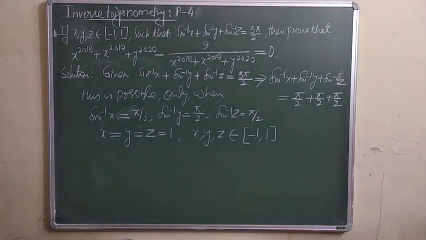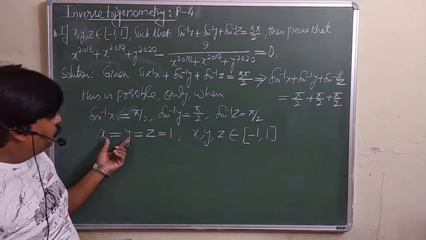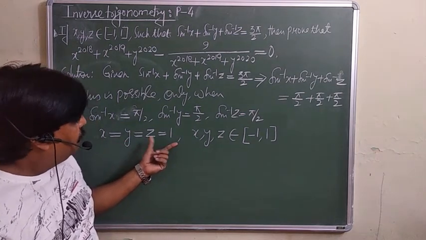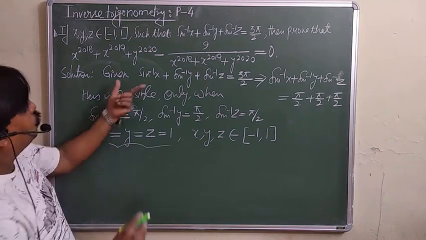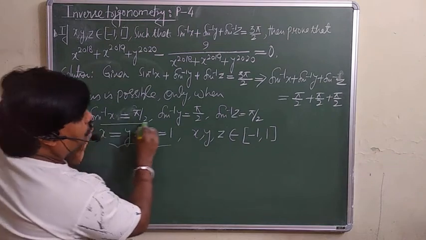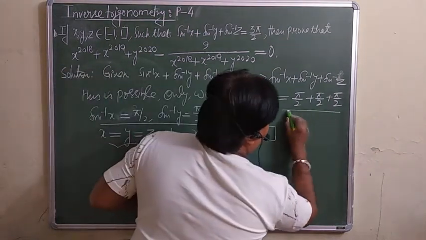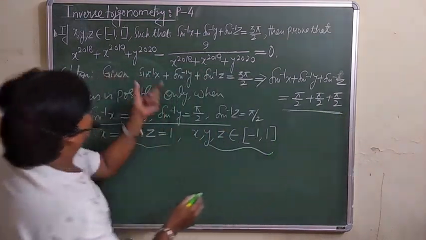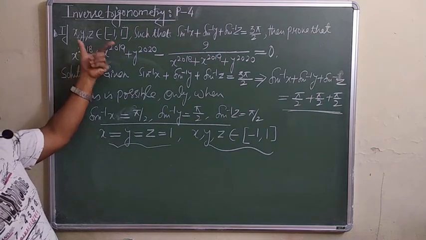Have a look. Yes, so x is equal to y is equal to z is equal to 1, and these values you are supposed to substitute here. This is the most important point, and it is due to this condition, otherwise this is not possible.